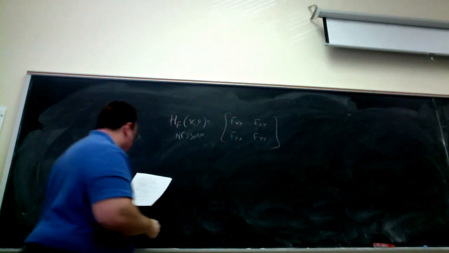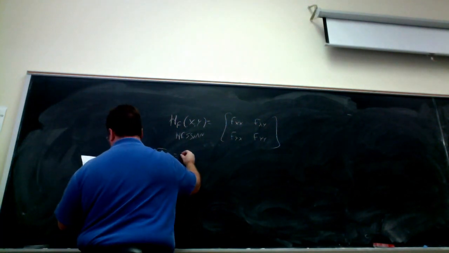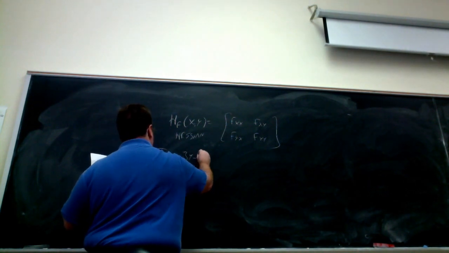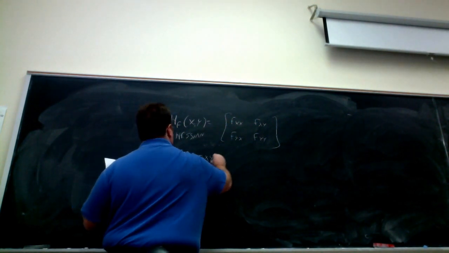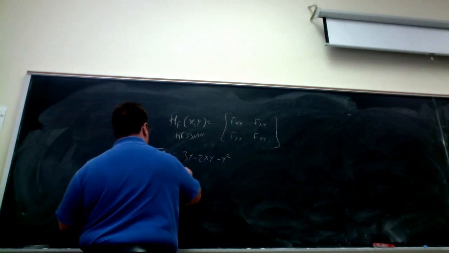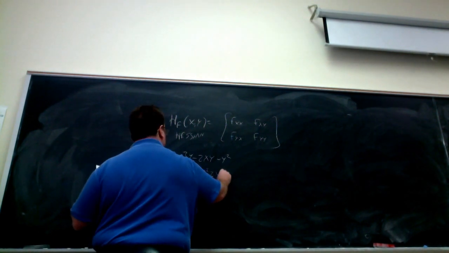You don't have to write it this way. Now I'll repeat the first partial derivatives because we need those. It's easier to leave them in this form, because who wants to do a product rule? f_y is x times (3 minus x minus 2y).